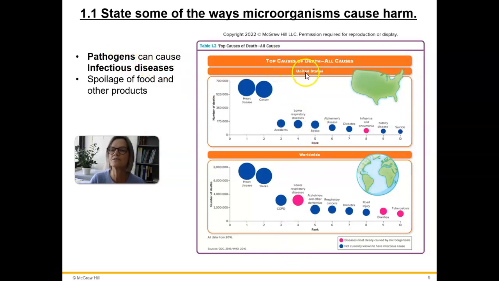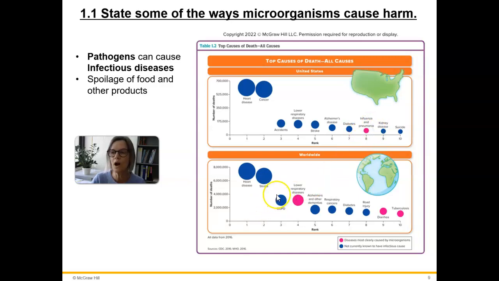Here are a couple of tables that are in your textbook. This is the top causes of death in the United States. You can see the numbers: heart disease, cancer, accidents. But down here at about number 8, influenza and pneumonia. That's probably the most critical infectious disease we have as far as death rates.